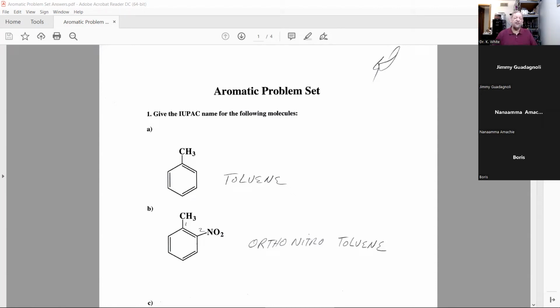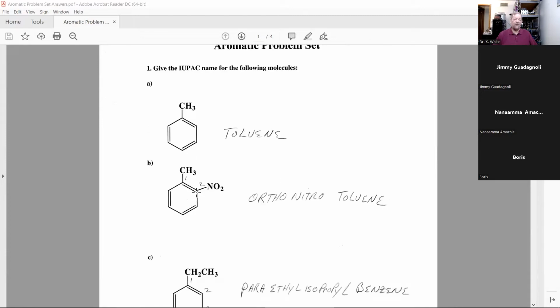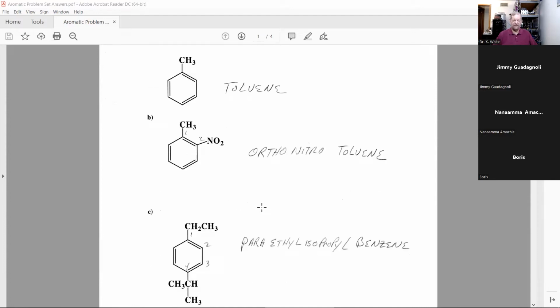And the first one, a methyl group on a benzene ring. That's not methylbenzene, it's toluene. Now, we have a toluene, methyl on a benzene ring, and a nitro group. So it's toluene, nitro. It's 1,2 disubstituted, which is ortho.